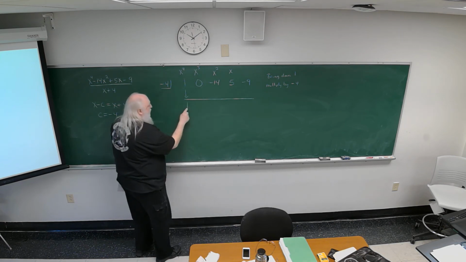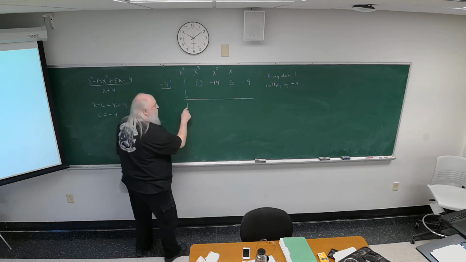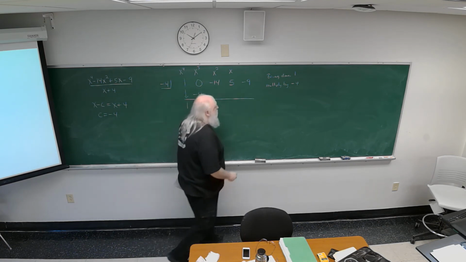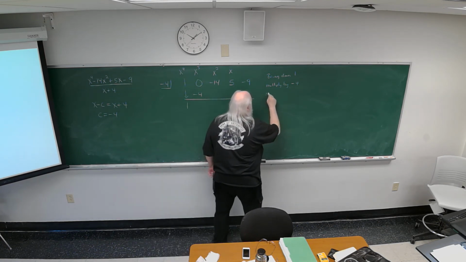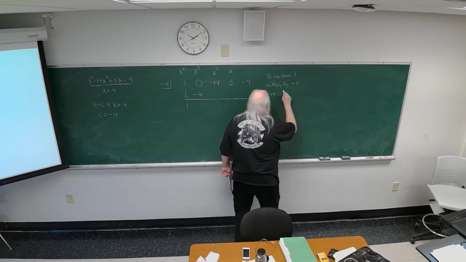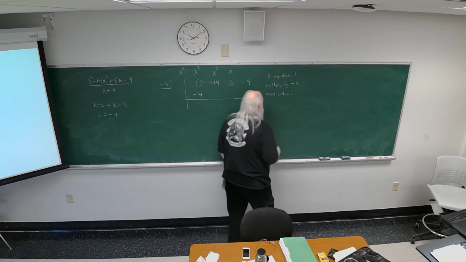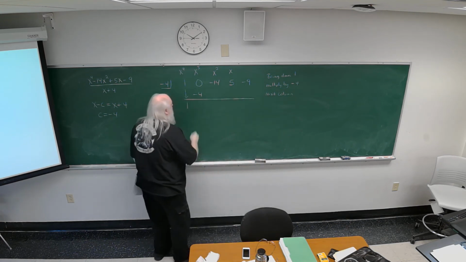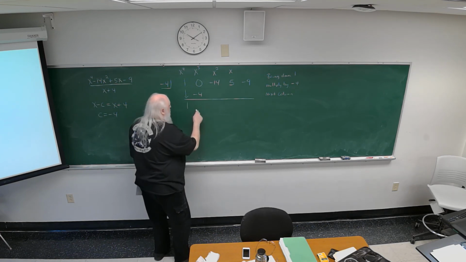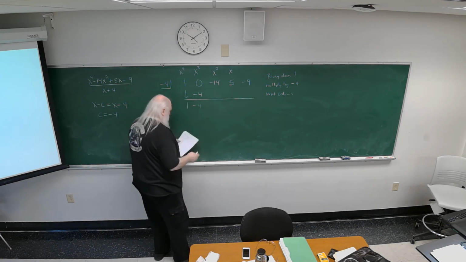So -4 times 1 is -4. And then we put it in the next column. And then you add those two numbers. So 0 plus -4 is -4.